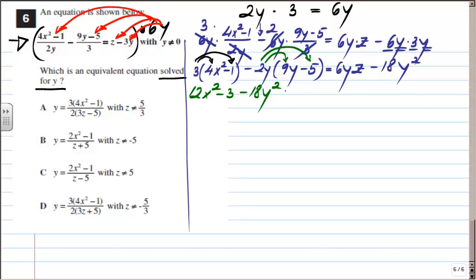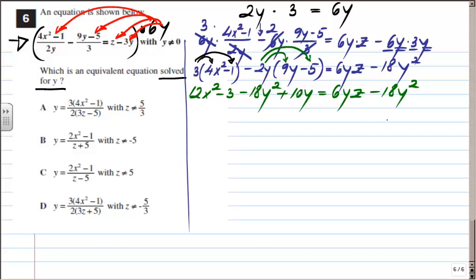Minus 2y times minus 5 is going to be positive 10y. And if you don't understand how I did it, just think about multiplying your 2y by minus 5, which will be negative 10y, but because you have a negative here, it will be positive 10y, equals 6yz minus 18y squared.